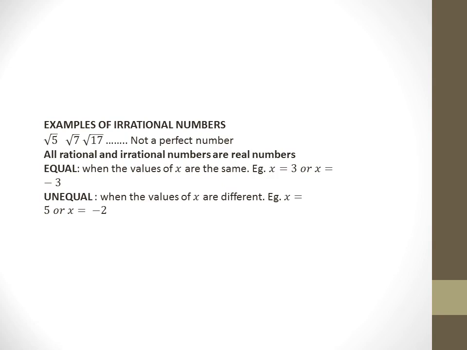How about unequal? The opposite of equal is unequal. So meaning when the values of x are different. Example, if x is equal to 5 or x is equal to -2, we can see that the values of x are not the same. So the nature of root is unequal.